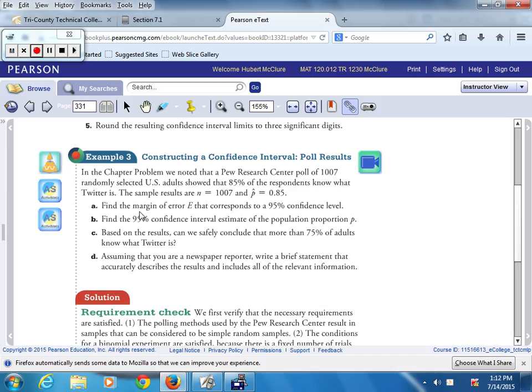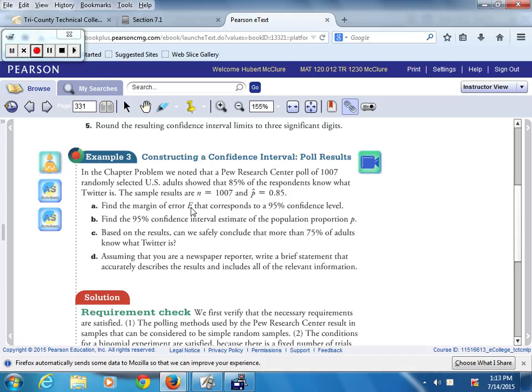Your sample is 1,007 people. Showed that 85%, well, what do you think 85% is? P hat, probability, percentage, P hat. So what is Q hat? 15%.